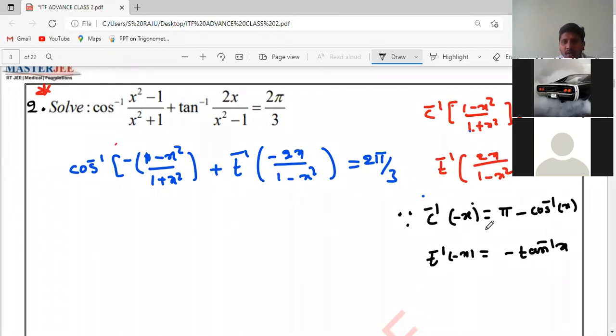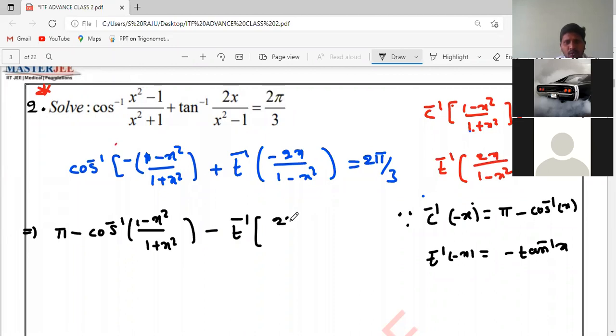I have already written these properties; you can go through them. So it can be written as pi minus cos inverse of 1 minus x square by 1 plus x square, minus tan inverse of 2x by 1 minus x square, is equal to 2 pi by 3.